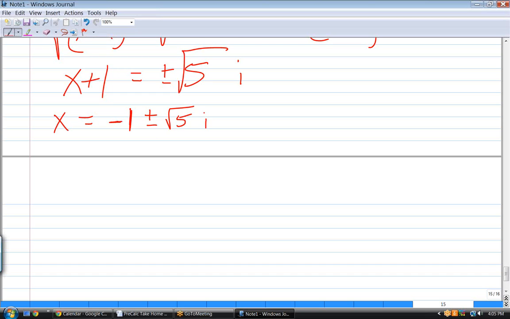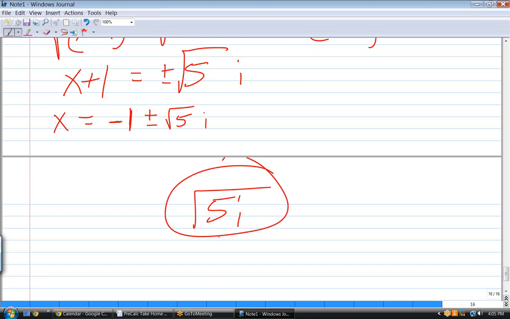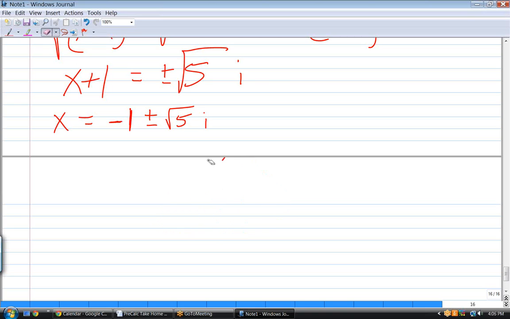Make sure that that i is outside the radical sign, as opposed to this. That is completely different. In that case, the i is inside the radical, but in this case, it's outside the radical. And almost always you want it outside the radical.